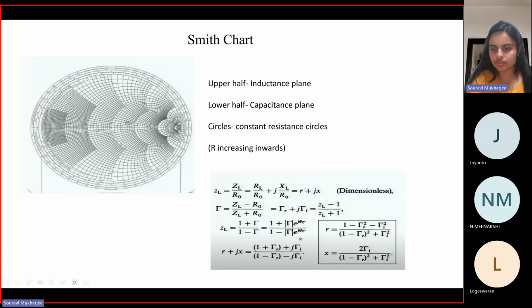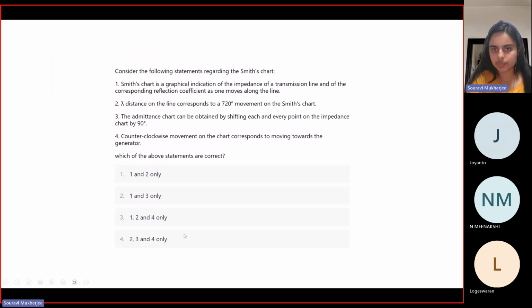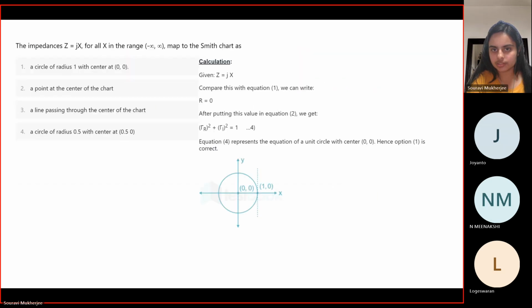If R goes to 0 and you put R equal to 0, what will you get? This term will go away and this will be 1, right? So basically you would get an expression like this: tau R square plus tau I square equal to 1. Now this is very clear. This is an equation of a circle in the reflection coefficient plane with a radius of 1 and the center at 0, 0.